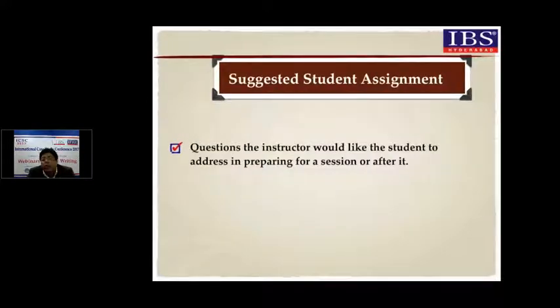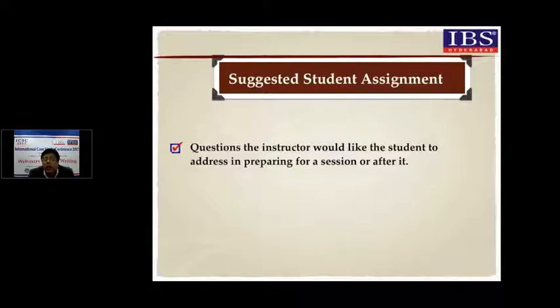Now you can also give some suggested student assignments, and this can be pre-class or even after the class. So these are the questions the instructor would like the student to address in preparing for a session or after it. So if you want some compulsory reading to be done, you can assign them beforehand, or some assignment to be done before they come to the class.